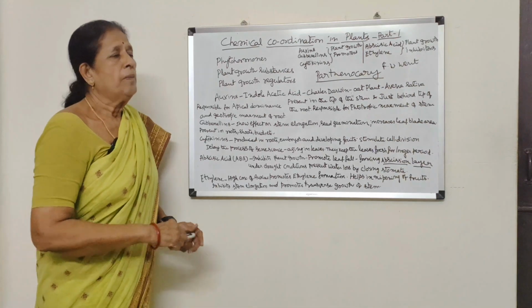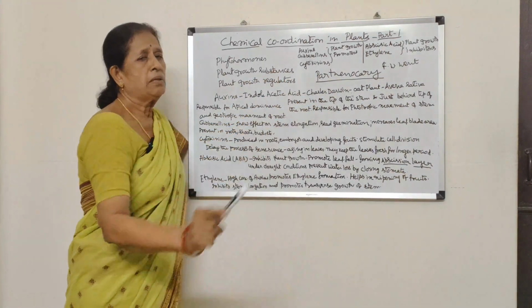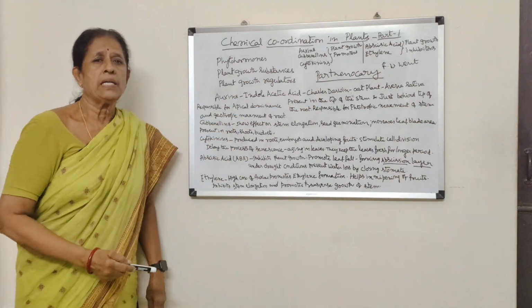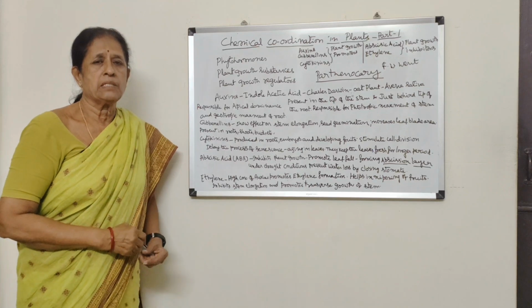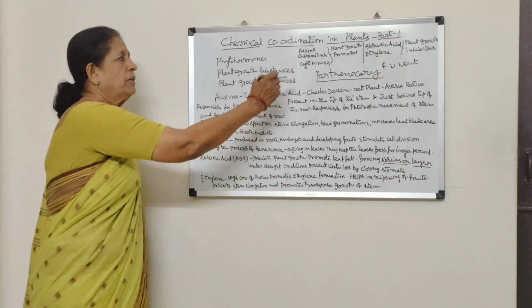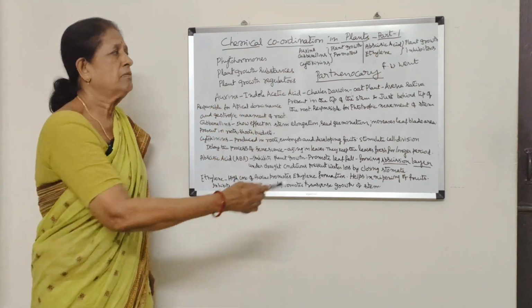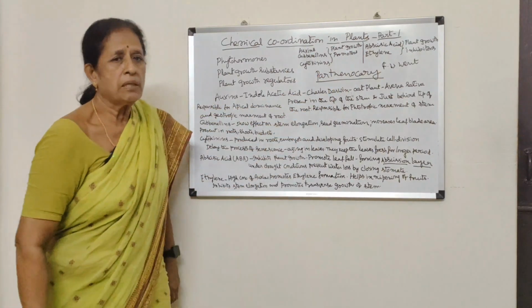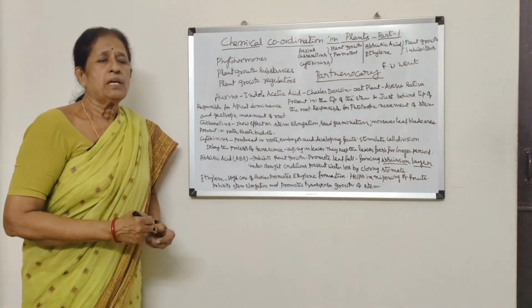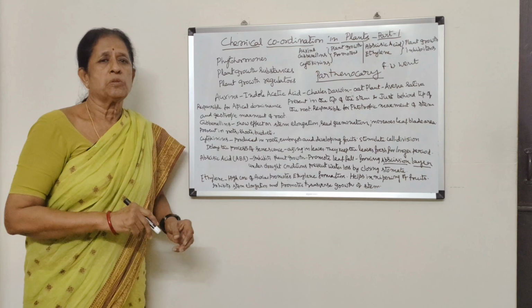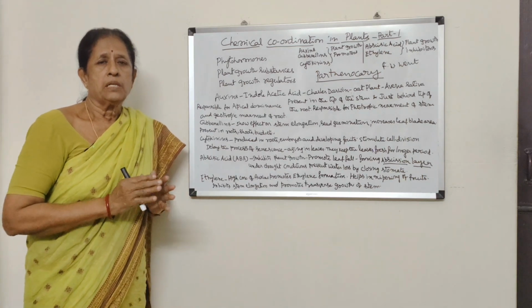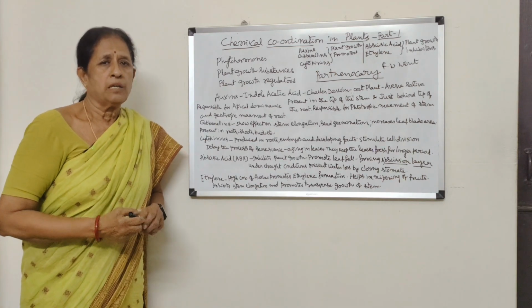But what's happening? Plant growth promoters and plant growth inhibitors act in opposite directions. Some phytohormones are promoting the growth and some are inhibiting the growth, so the plant growth is always kept under control.